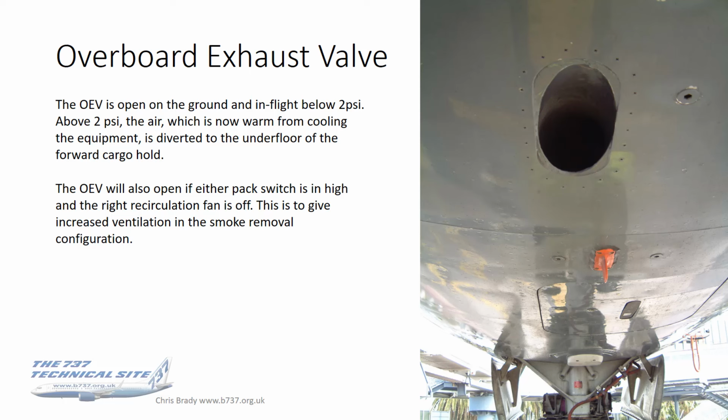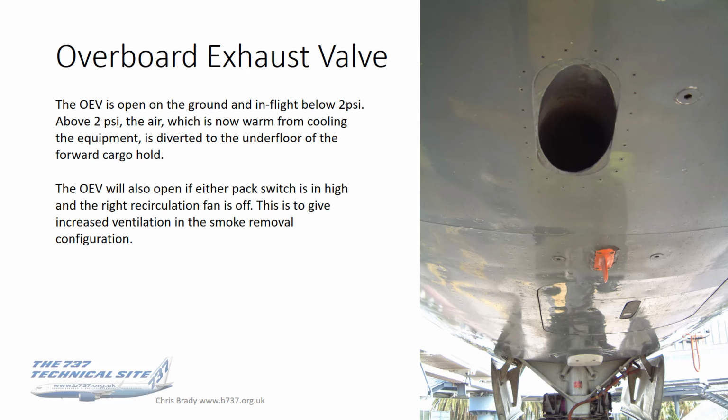The overboard exhaust valve is normally open on the ground and in flight below 2 psi. Above 2 psi, the air, which is now warm from cooling the equipment, is diverted to the underfloor of the forward cargo hold to help with the heating of that.